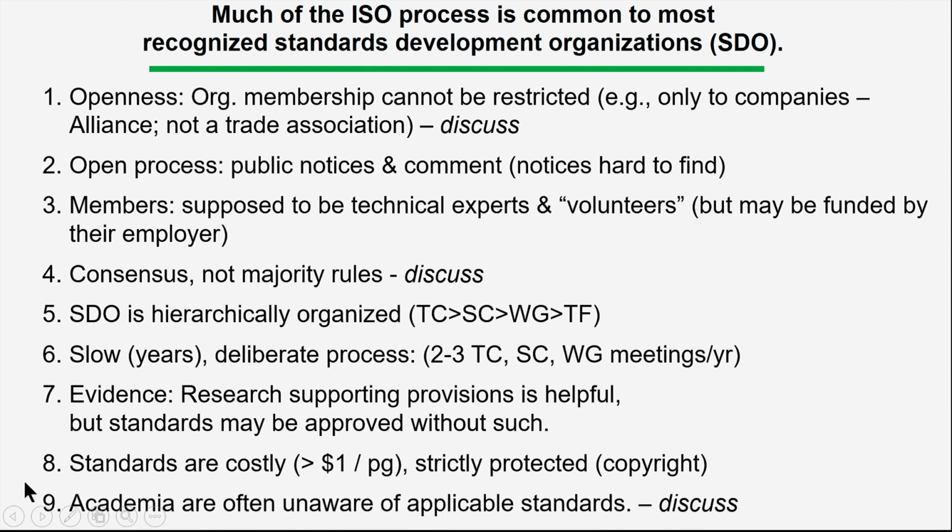And the last point I wanted to make, and this is an important one, is those in academia are often unaware of applicable standards. Because they're publishing more on the science than the application, often even within engineering, people don't know about the standards that are applicable to their research. That is a huge problem.